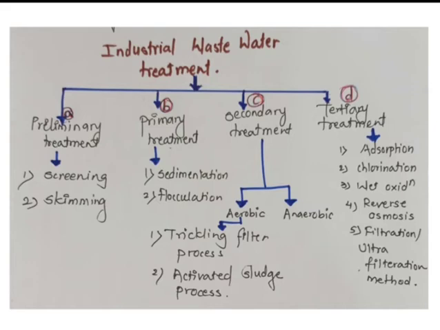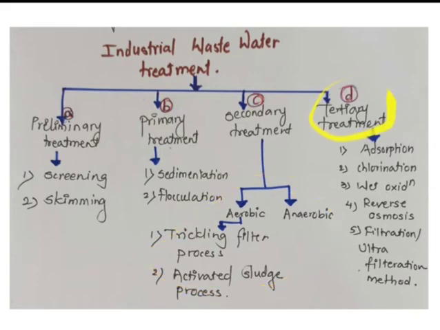Aerobic wastewater treatment is the treatment in which the oxidation of colloidal and organic compounds is done in the presence of oxygen with the help of microorganisms. Anaerobic wastewater treatment simply means the organic matter is decomposed in the absence of oxygen. We have discussed this in detail in the previous lectures.